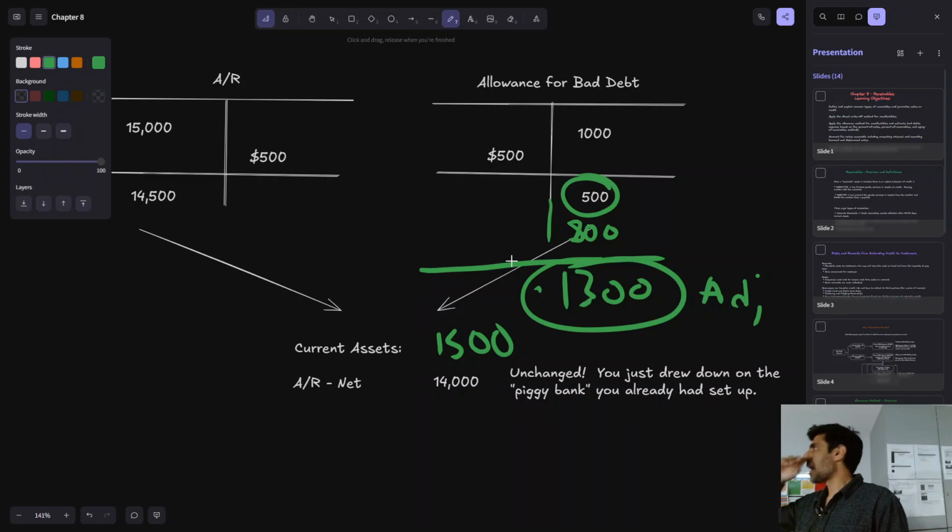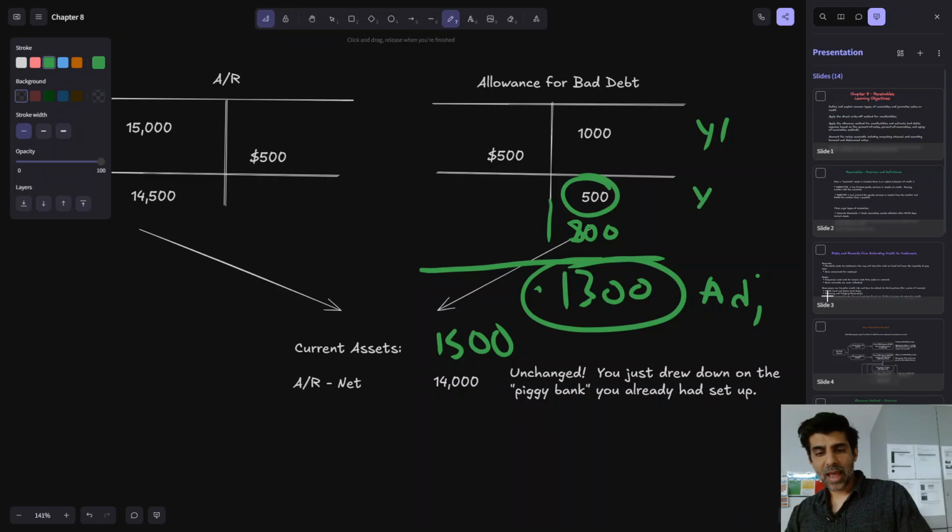The first year your business starts is going to be zero. At the end of the year, you'll set it up, and then it'll just keep getting updated. So I just assumed maybe it was zero.